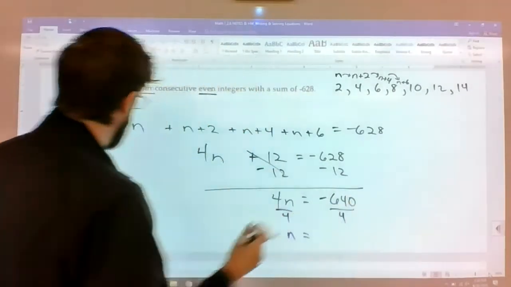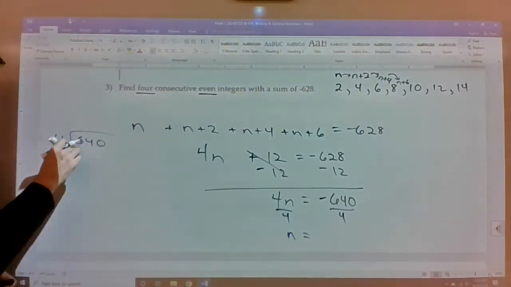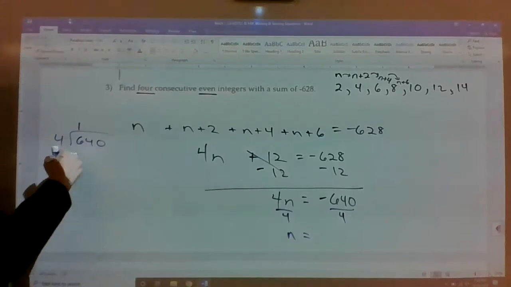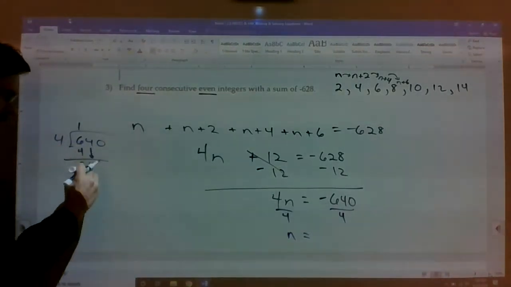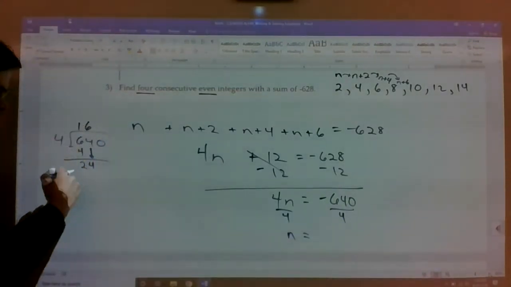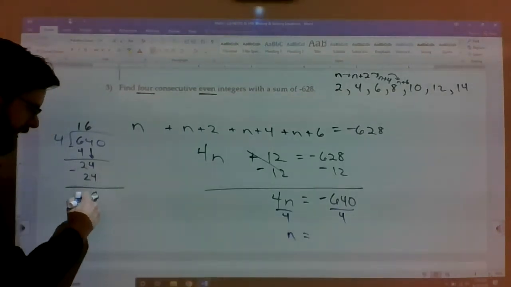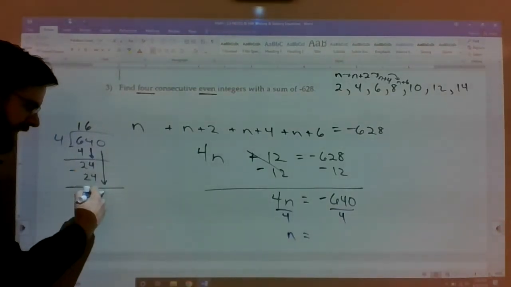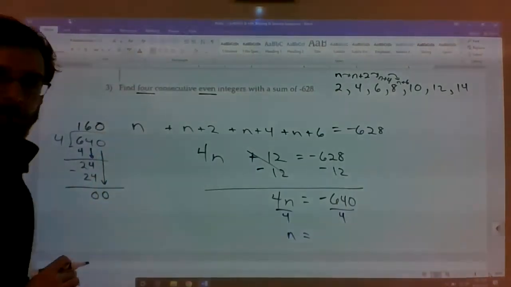N is equal to, let's do that calculation off to the side. 4 goes into 6 exactly 1 time. Subtract them, 2, drop the 4. 4 goes into 24 exactly 6 times. So don't forget, when you subtract, you still got to drop that digit down and say 4 goes into 0 a 0 number of times.